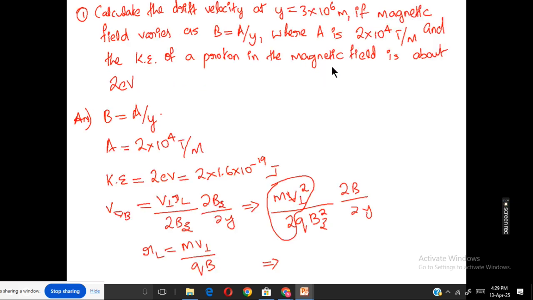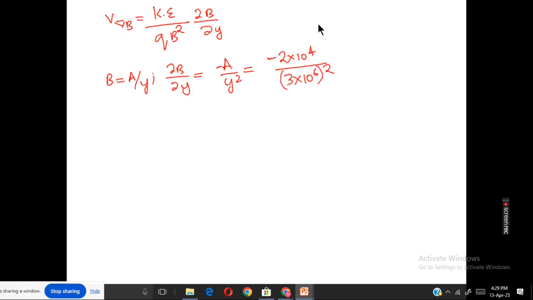Y is also given in the question, at Y equal to 3 into 10 raised to 6, so we can calculate dou B by dou Y as minus 2 into 10 raised to 4 by (3 into 10 raised to 6) the whole square. How much will it be?